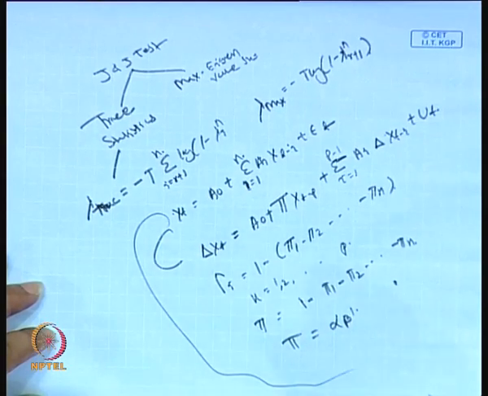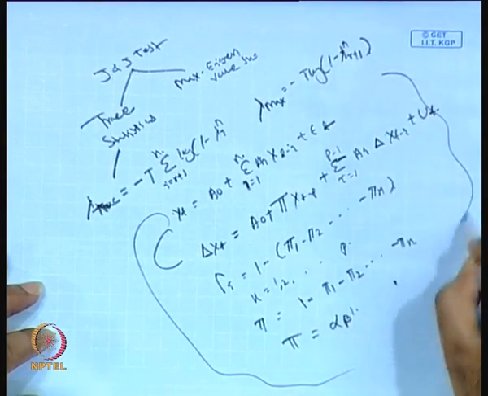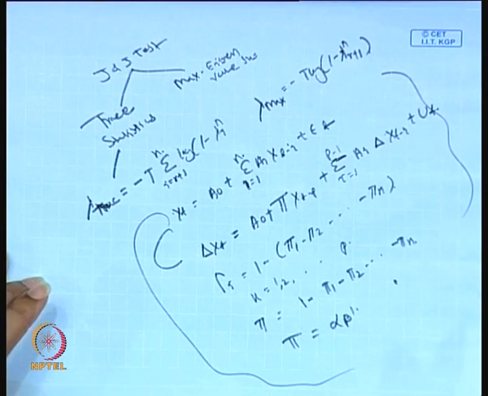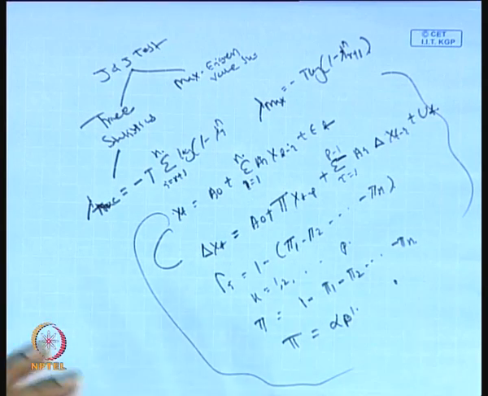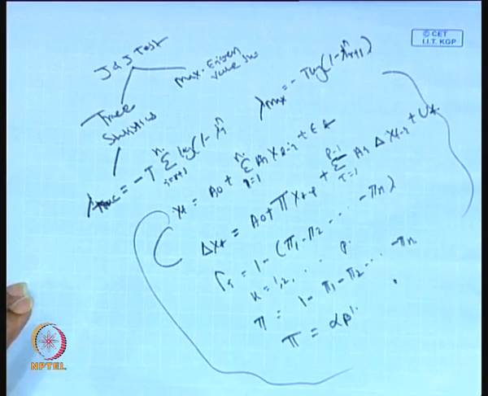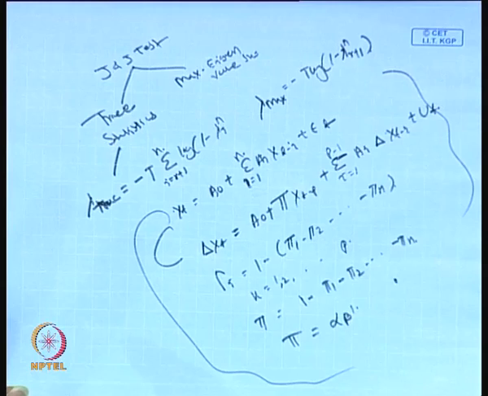I am not going to derive all these details here because it will take a lot of time, and it is not possible with limited lectures. What I suggest for the Johansen and Juselius test is that you just pick up the two statistics, the trace statistic and the maximum eigenvalue.